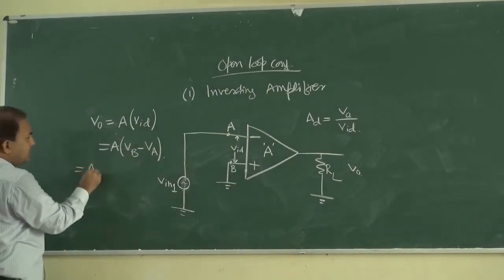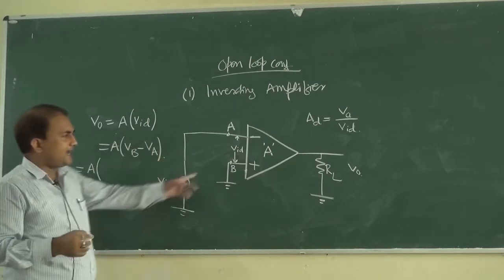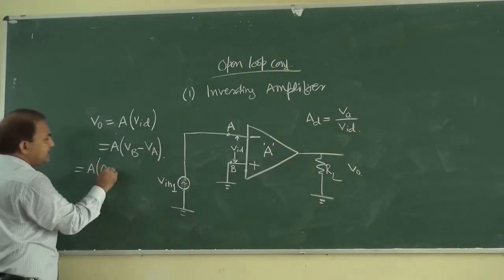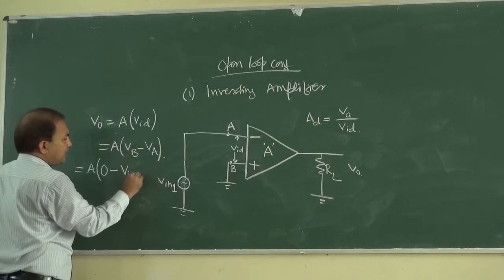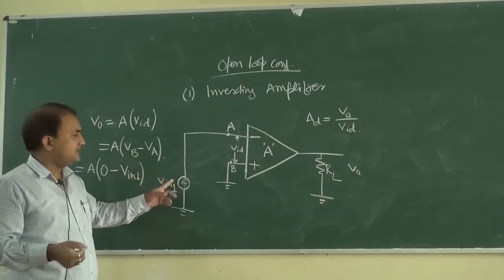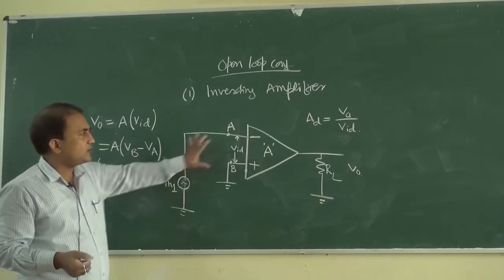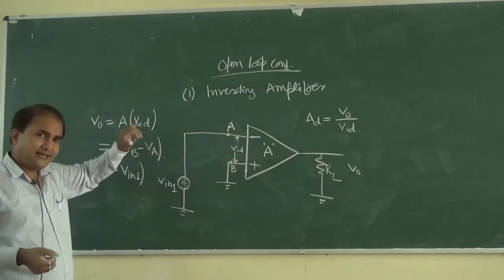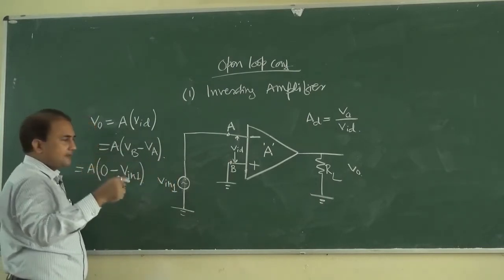VB, the voltage at point B, is equal to 0 because it is connected to ground, and VA is equal to V in 1. If the internal resistance of this voltage source is very small compared to the very high input resistance, then we can neglect the internal resistance.